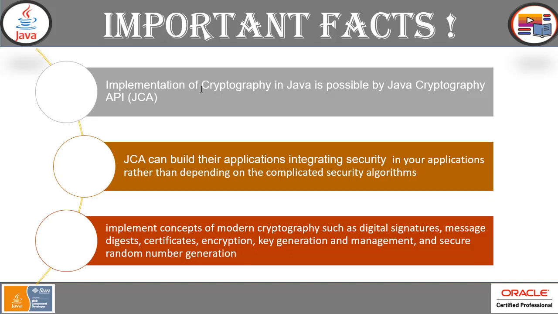JCA lets you build applications integrating security rather than depending on complicated security algorithms. It implements concepts of modern cryptography such as digital signatures, message digest, certificates, encryption, key generation and management, and secure random number generation. So there are so many places where you can use this. One of the most popular secure algorithms is called cryptography.